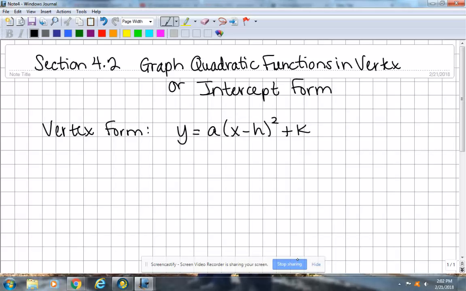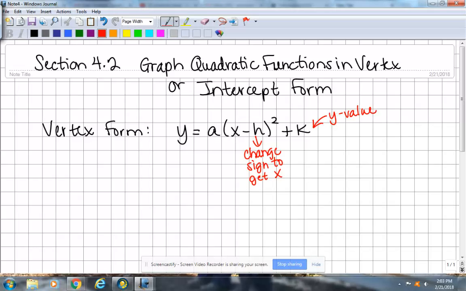So if you have something in vertex form, you can quickly look at it and tell what the vertex is because you're going to change the sign of the h to get your x value of the vertex, and your k is going to be your y value of the vertex.